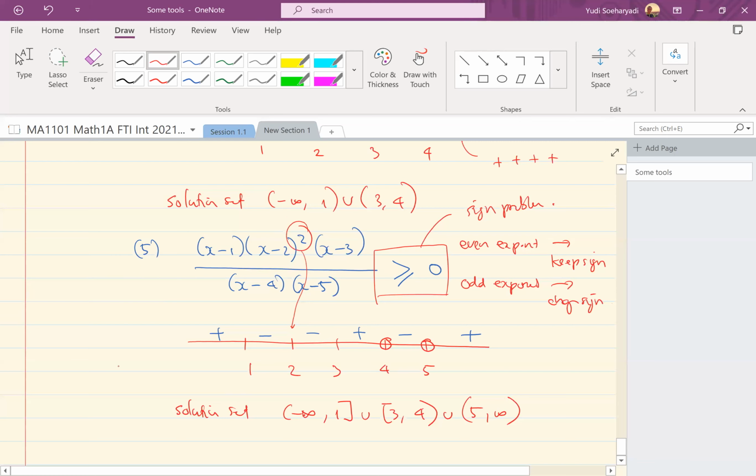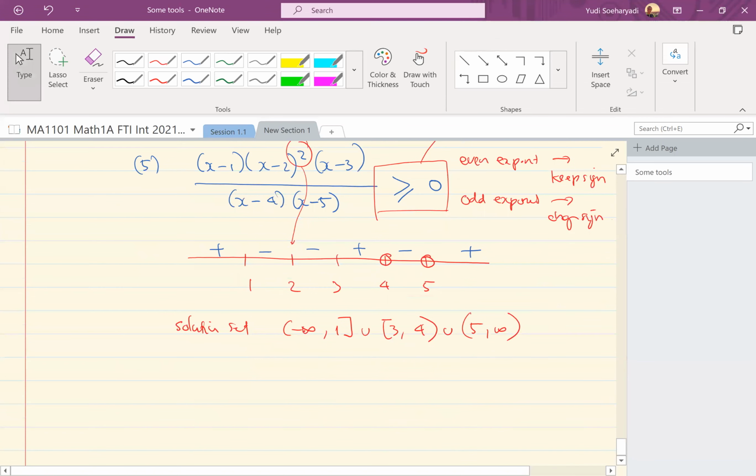But there is an easy way to think about determining the sign. Here's the catch: think about crossing these numbers. For example, we start from the left.